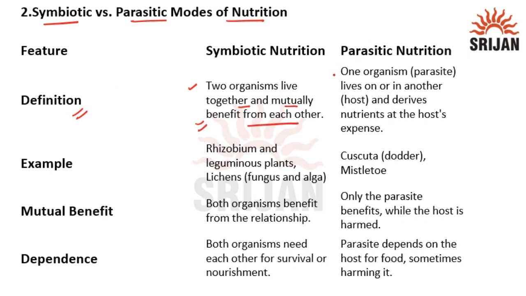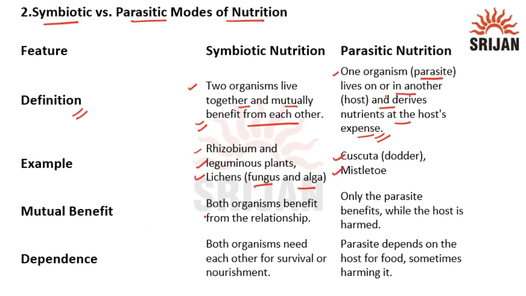And in parasitic nutrition, one organism, which is the parasite, lives on or in another, the host, and derives nutrients at the host's expense. Examples of symbiotic nutrition: Rhizobium and leguminous plants, and lichens, which consist of fungus and alga. Examples of parasitic nutrition are Cuscuta and mistletoe.